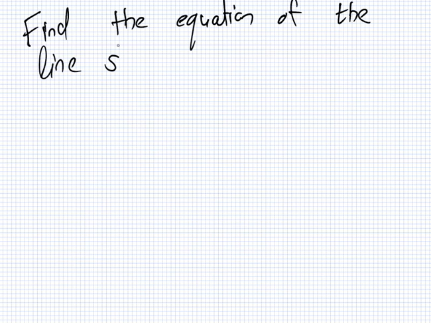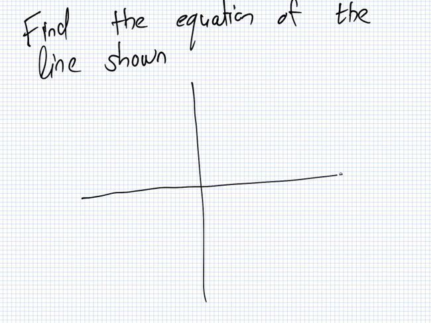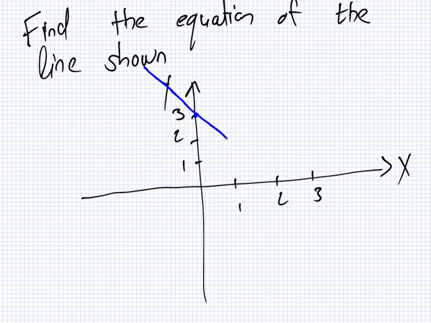So you would like to check if this point is somewhere on the graph, or is it off the graph? Any ideas on how we could check? Sub it in, put it in, and see if the two sides are equal. So if they are equal, what does it mean? On. And if they're not equal, it's off.